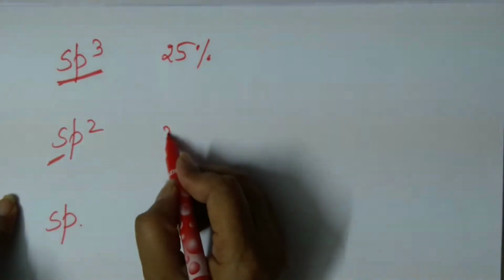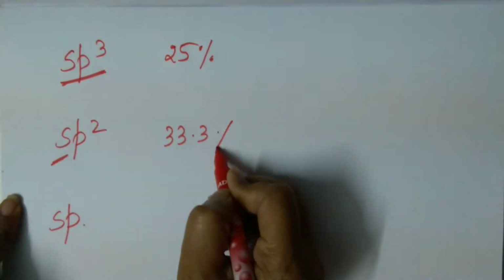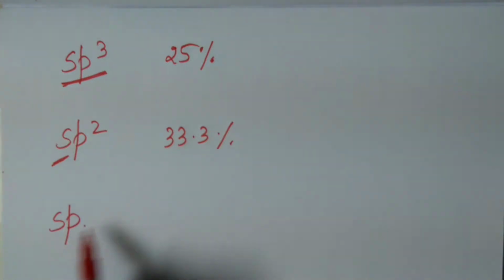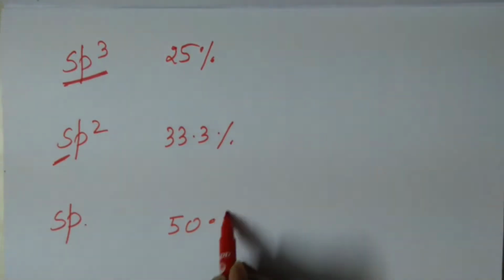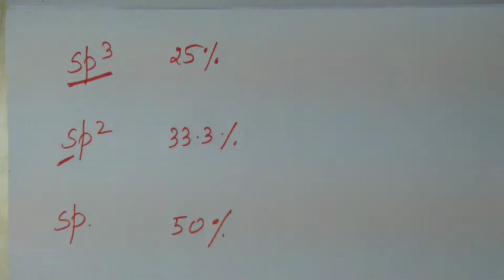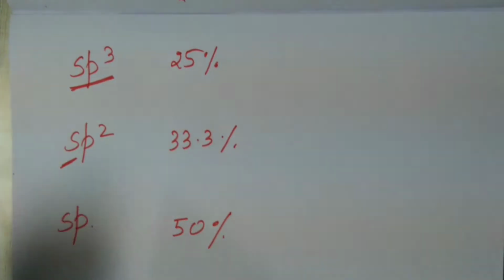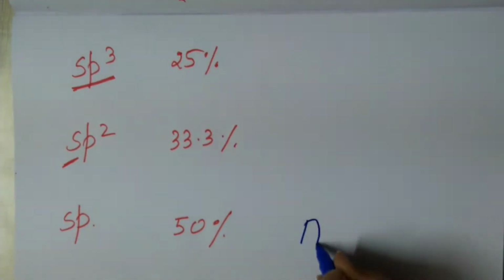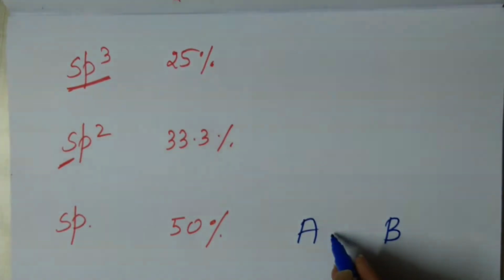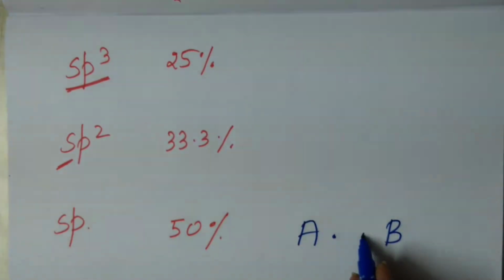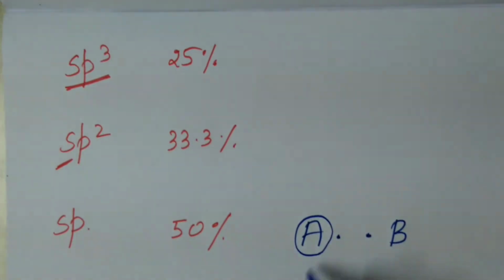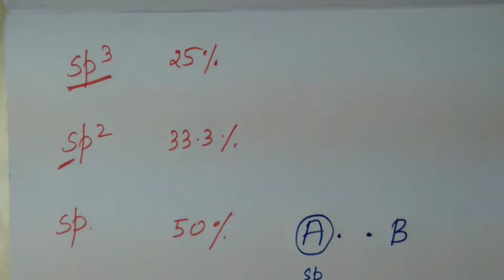Percentage of S character in sp2 is 33.3%. Percentage of S in sp is 50%. Now I have a molecule which is formed between A and B. Okay, which has A has sp hybridization.